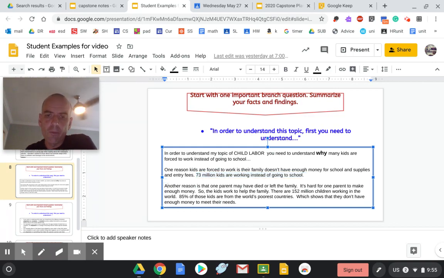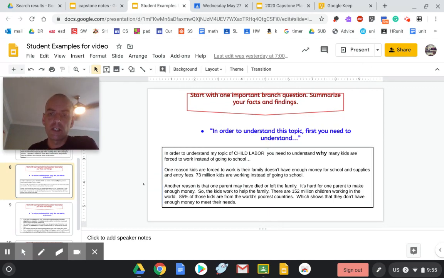Another reason is that one parent may have died or left the family. It's hard for one parent to make enough money, so the kids work to help the family. There are 152 million children working in the world. 85% of those kids are from the world's poorest country, which shows that they don't have enough money to meet their needs.